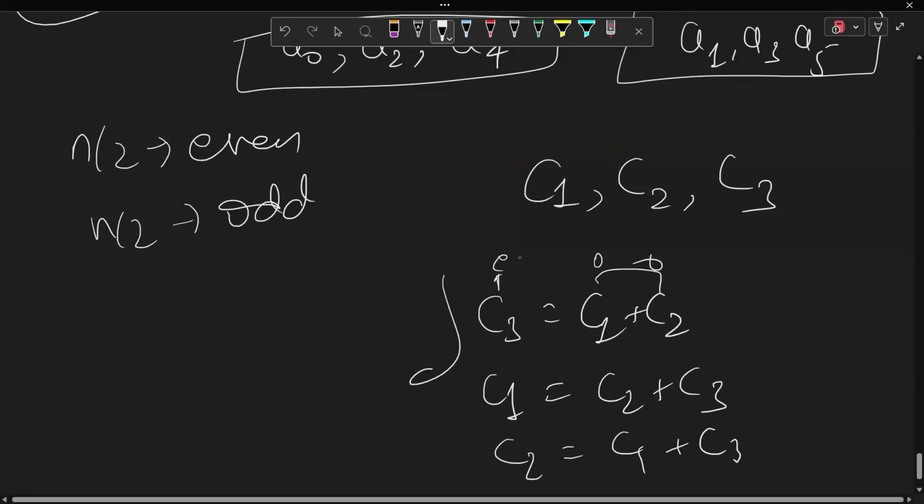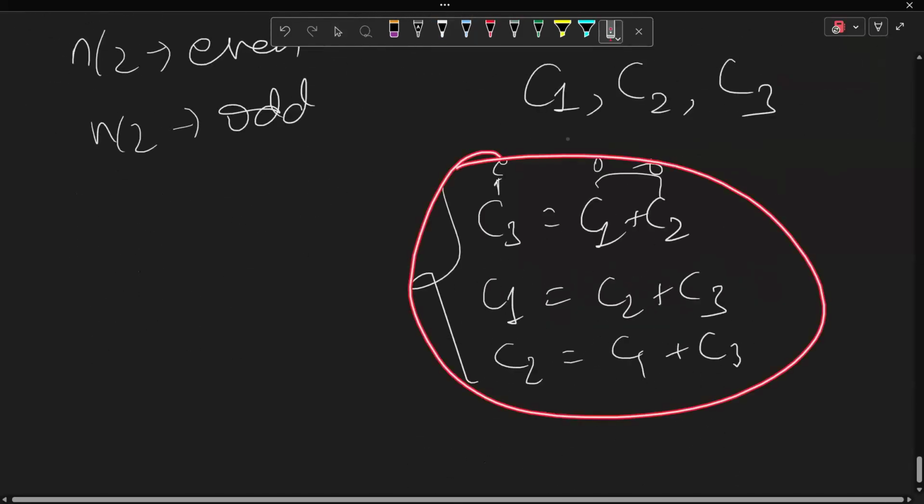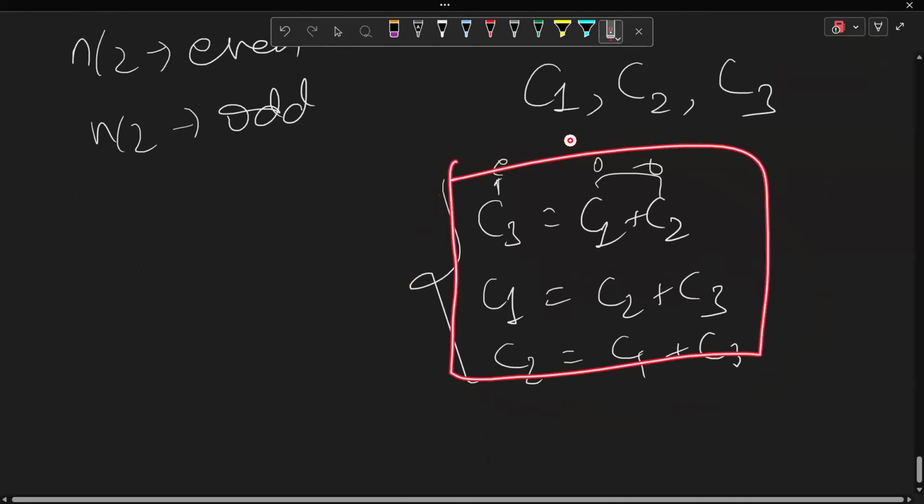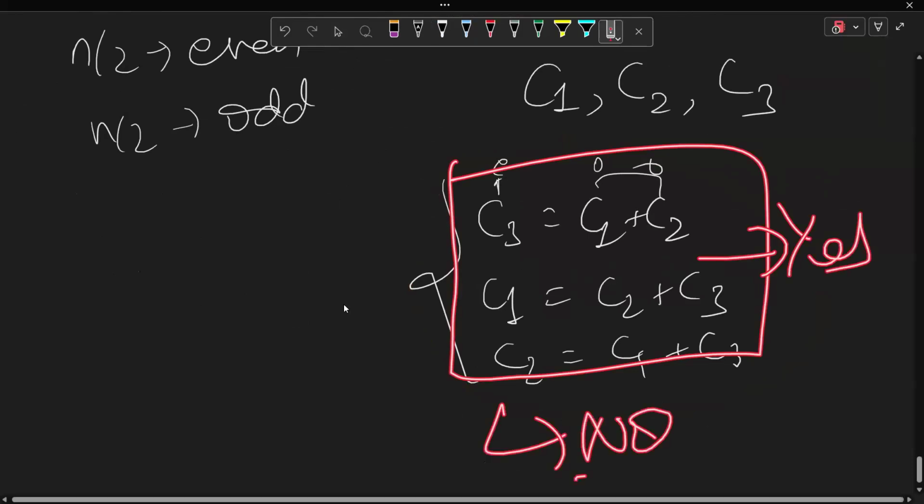If any of these are satisfied, you say that yes, this array can be made beautiful by some rearrangement. If any of these three conditions are satisfied, you would say yes, otherwise you would say no.